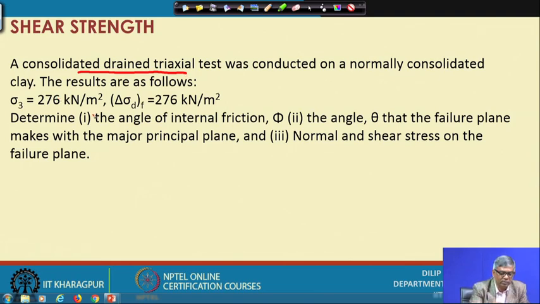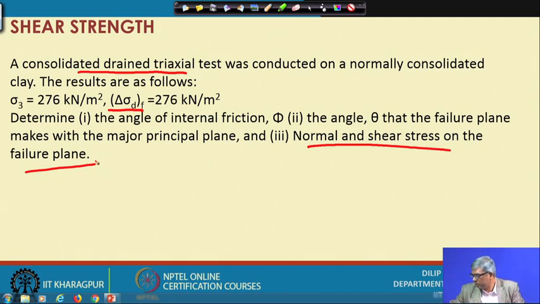That means C dash will be 0, and the results are given for sigma 3 and delta sigma, the deviator stress at failure. Determine the angle of internal friction phi, the angle theta that the failure plane makes with the major principal plane, and the normal and shear stress on the failure plane. I can do this in different ways, so let me take one by one.